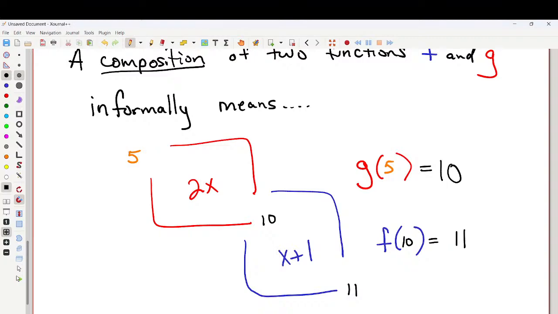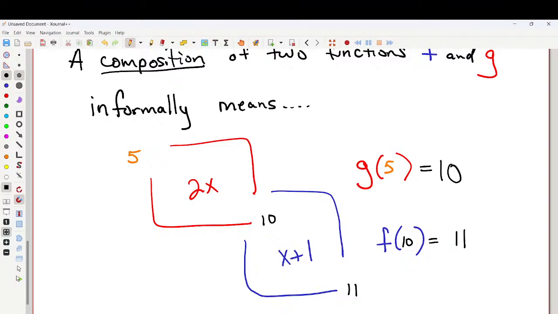But what we've really done is started at 5, applied one function's rule, got an output, which became the input to the next function. And that's what a composition is. It's almost like linked machines. Or sometimes I explain it like a conveyor belt.